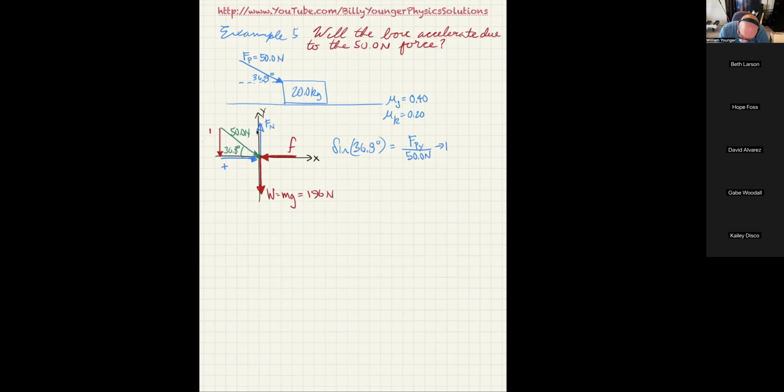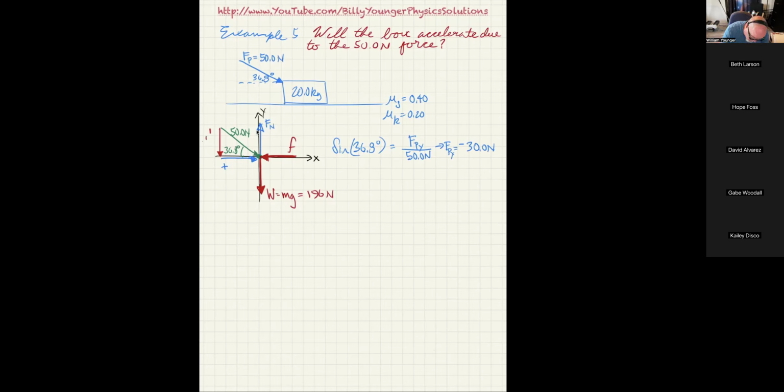So I'm going to say that FP sub y is equal to negative 30.0 newtons. If I do that with my calculator, 50 times sine 36.8 equals 29.95, which is essentially 30 newtons, and I've pushed the negative in there.